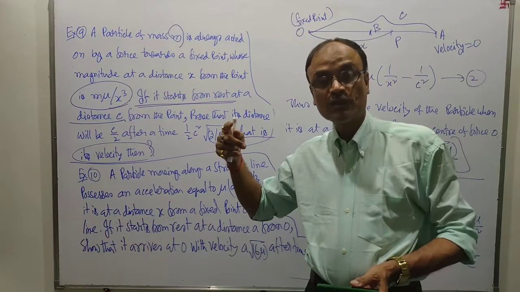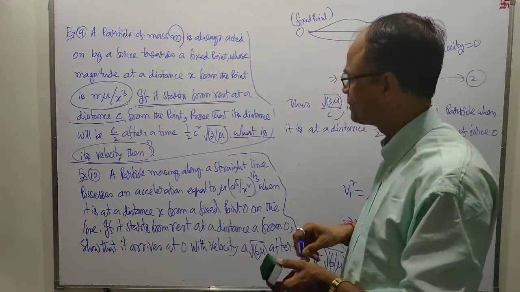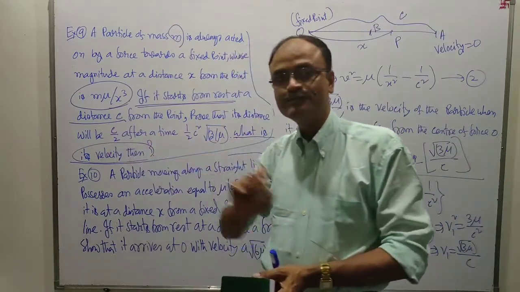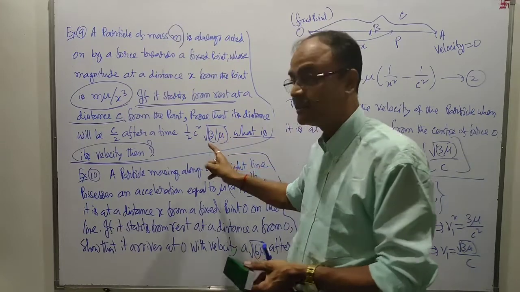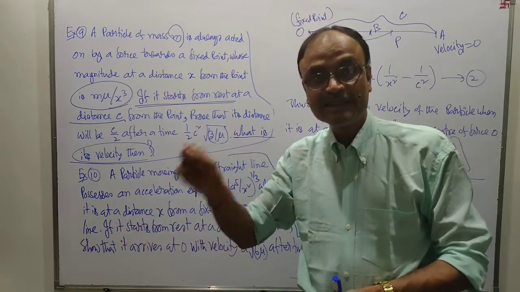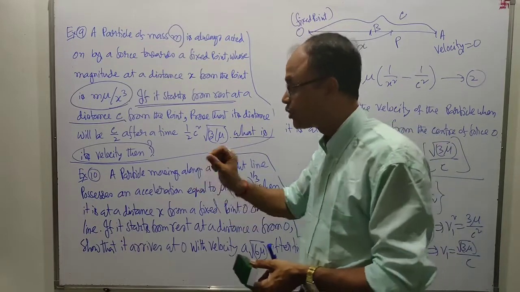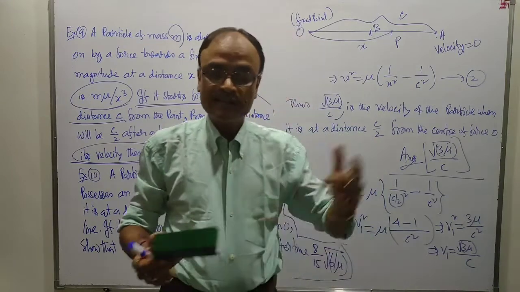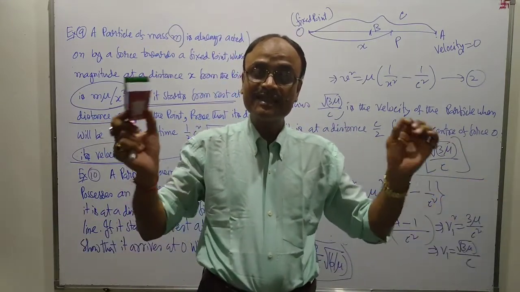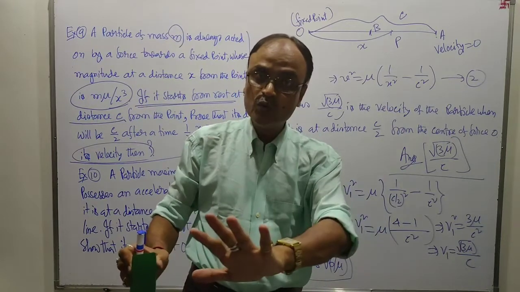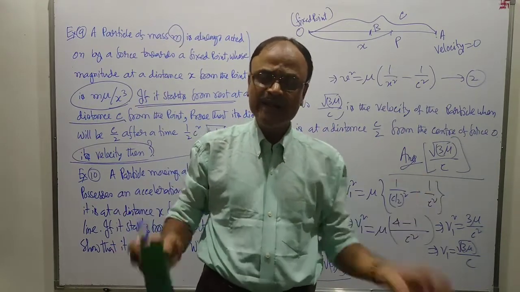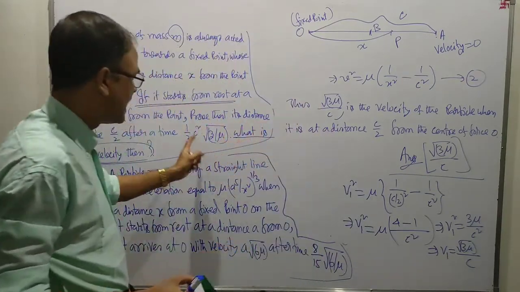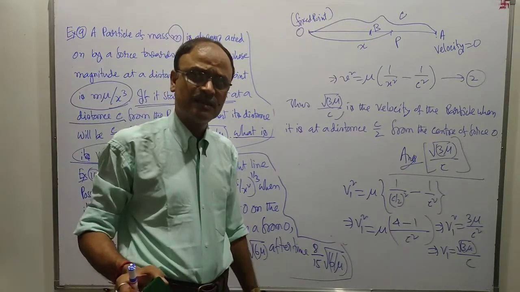Now we are going to solve the other part. What is the other part? Prove that its distance will be C by 2 after a time; we are to find that time taken by the particle from A to B. This means the time taken by the particle when it is at a distance x equal to C by 2 is this one: C times root over 3 by mu.